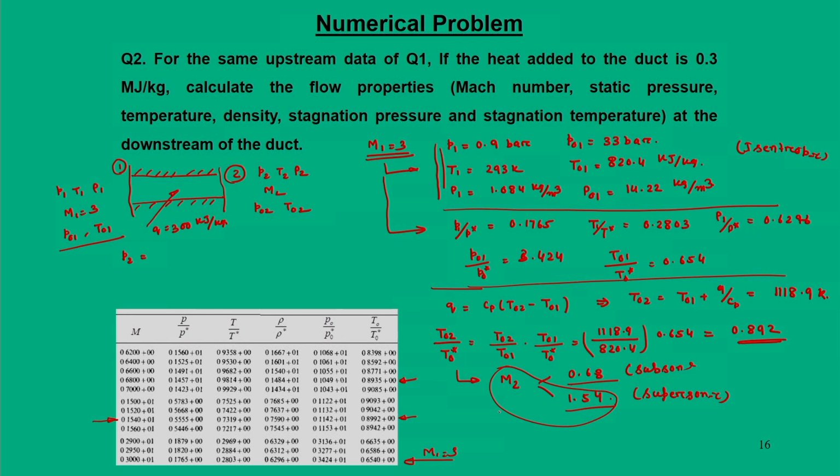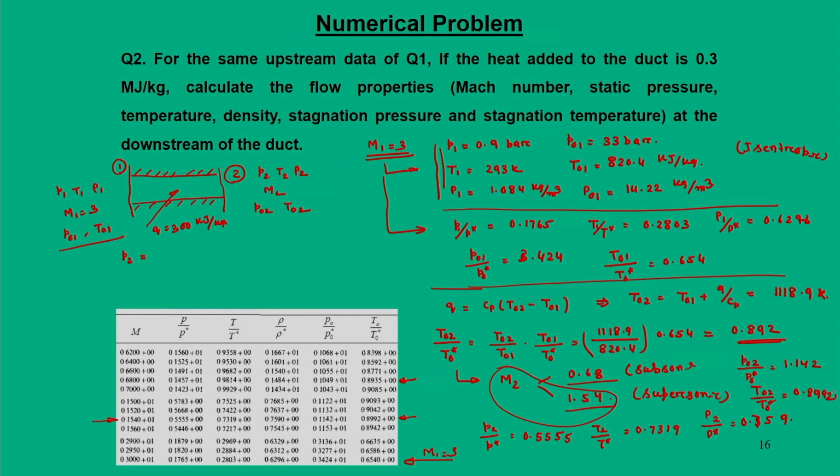So, I can say for M2 is equal to 1.54, we can say P2 by P star is 0.55545, T2 by T star 0.7319, rho 2 by rho star 0.759, P naught 2 by P naught star as 1.142 and T naught 2 by T naught star as 0.8992.